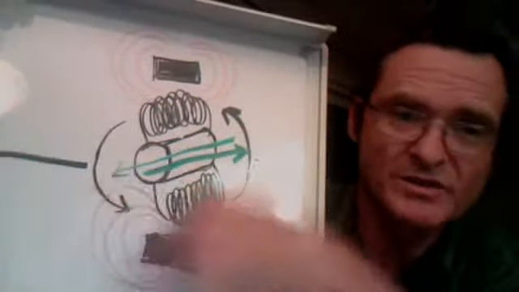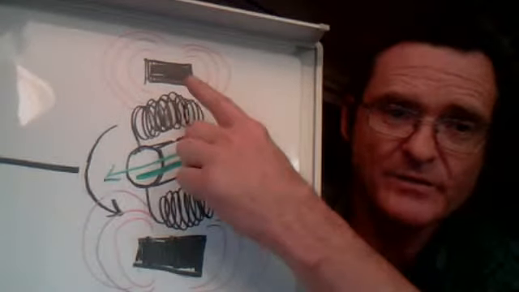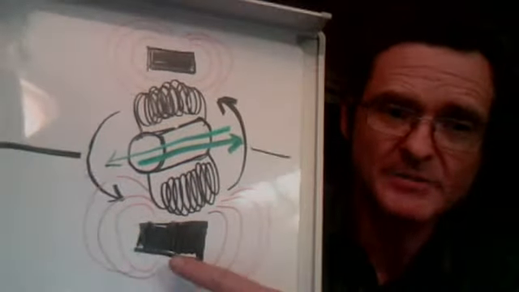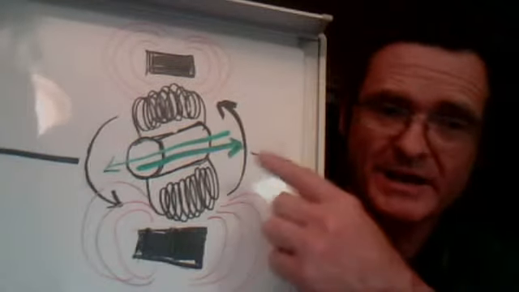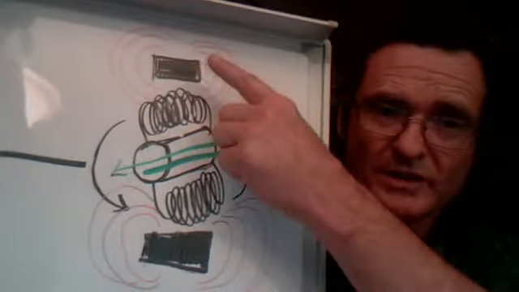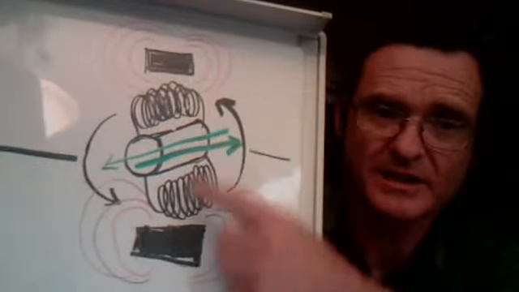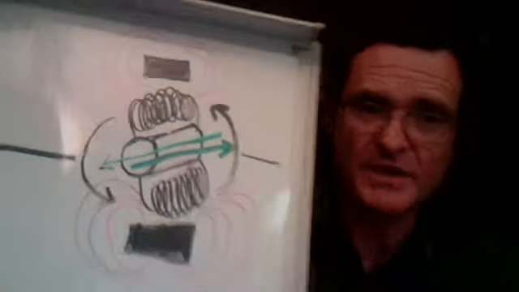Now when this motor spins and these coils go through the magnetic fields that are placed opposite each other, then current is generated going both ways in the motor. As it comes closer to the positive pole, it generates a voltage, and as it comes down to the negative pole, it generates a voltage. This is basically the principle behind alternating current.